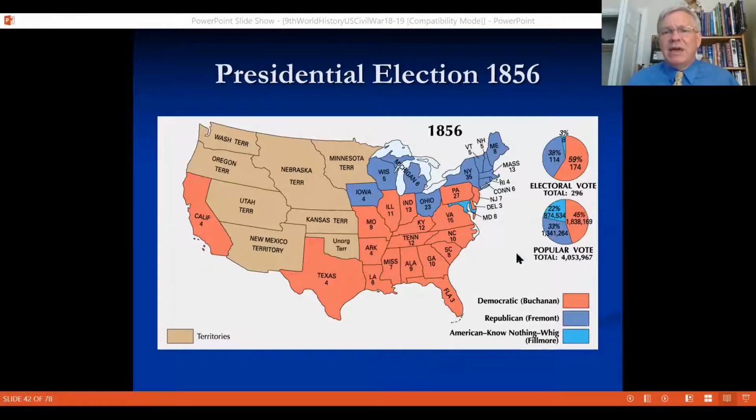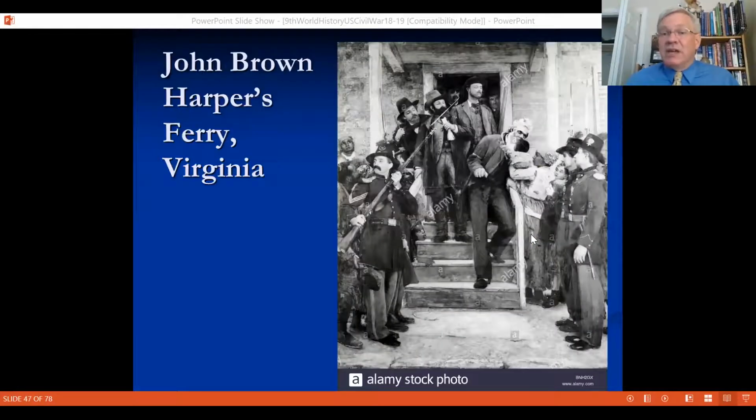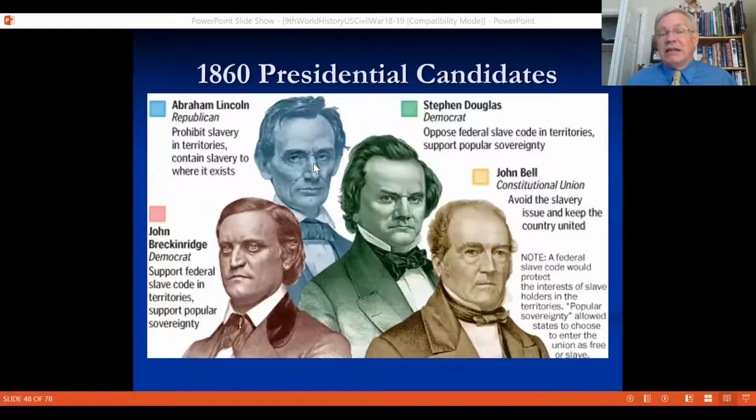They did okay, but this new party, the Republican Party, was starting to make some headway. The Whigs had started to disappear. And now you've got this anti-slavery, or at least anti-spread of slavery, political party called the Republican Party. And they're going to be involved in the 1860 election as well, right? So we've got Lincoln here.